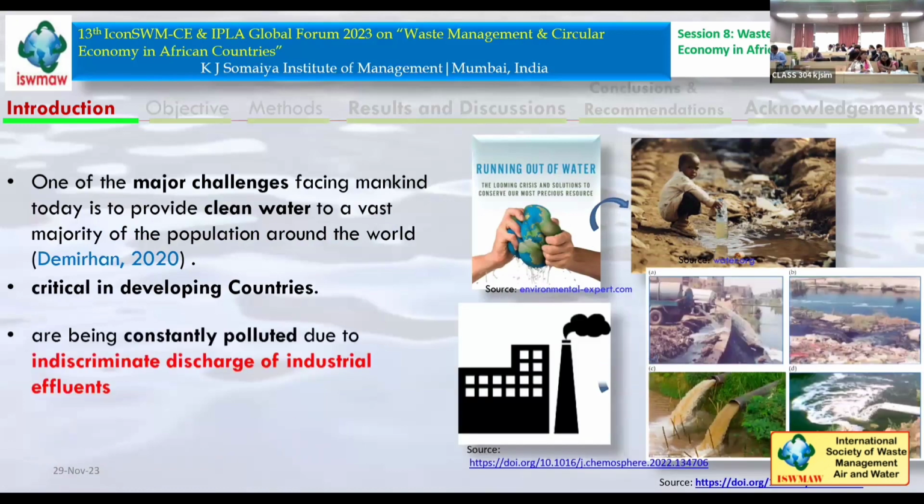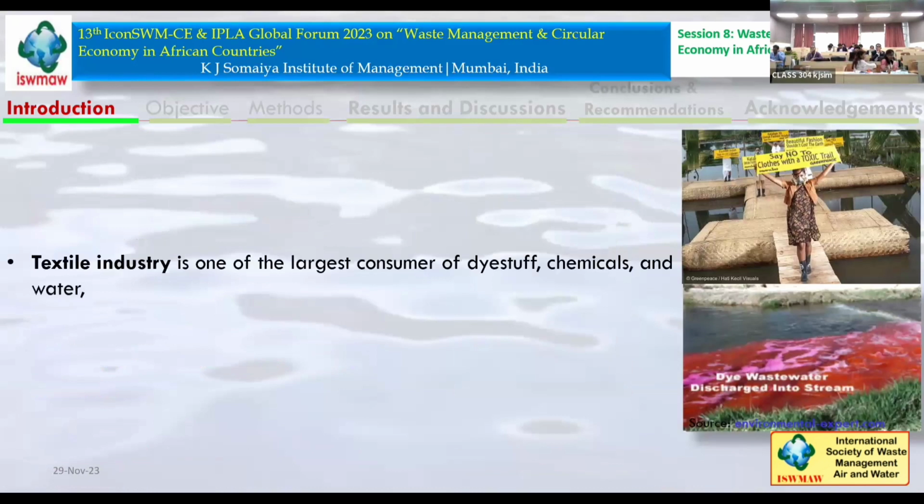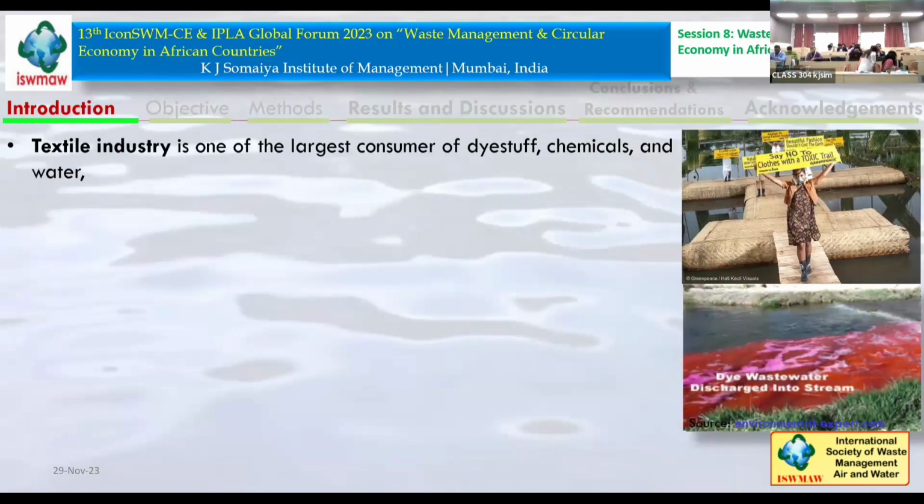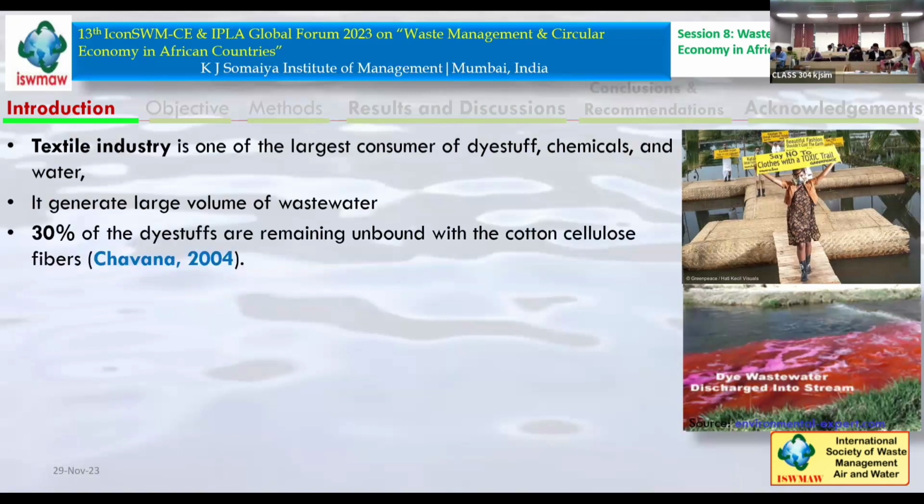It is because different rivers, water streams, in general, the water bodies are constantly polluted due to indiscriminate discharge of industrial effluents. So among these polluting industries, the textile industry is one, which is the largest consumer of dyestuff, chemicals, and water. Because of this, it generates a large volume of wastewater.